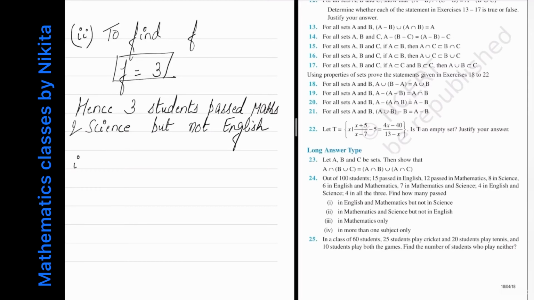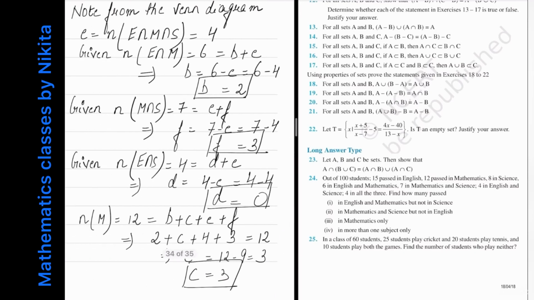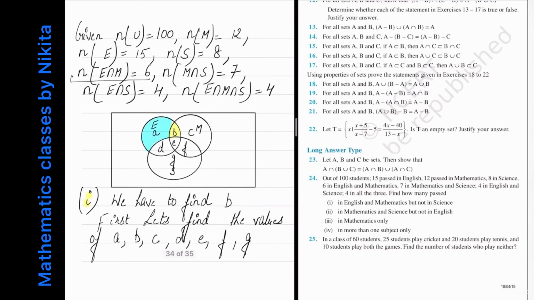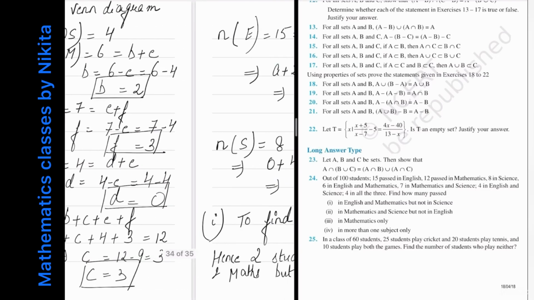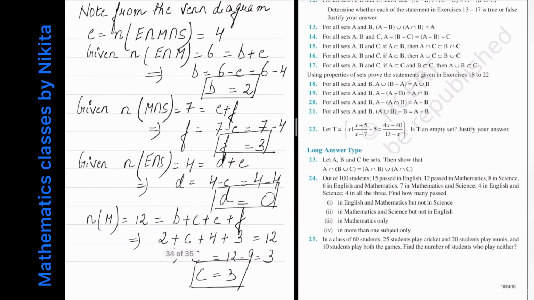Now the third part, you have to find in maths only. So maths only means you have to find खाली इतना portion, only this portion. This is maths only. Okay, so this is C. So you have to find C, and C you can see is 3.